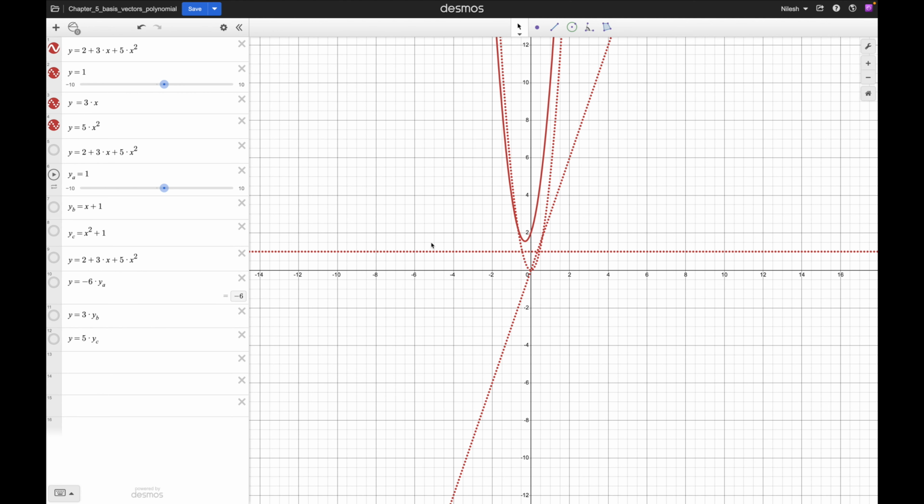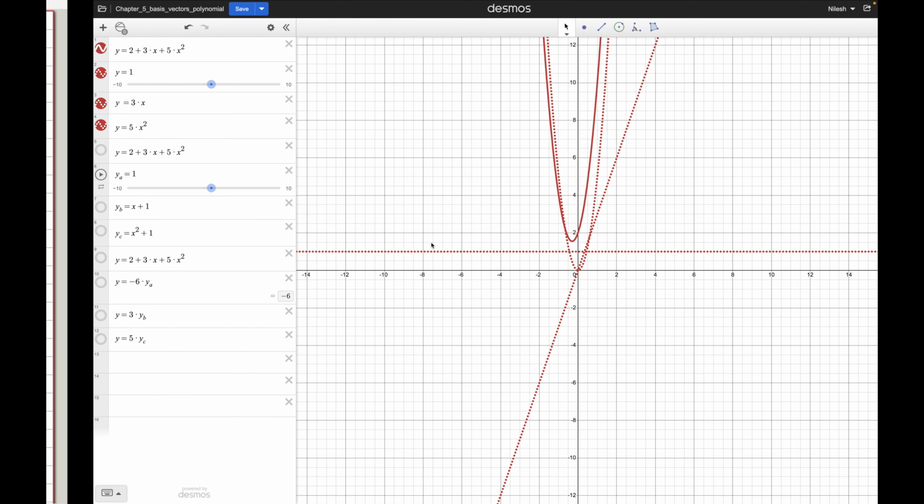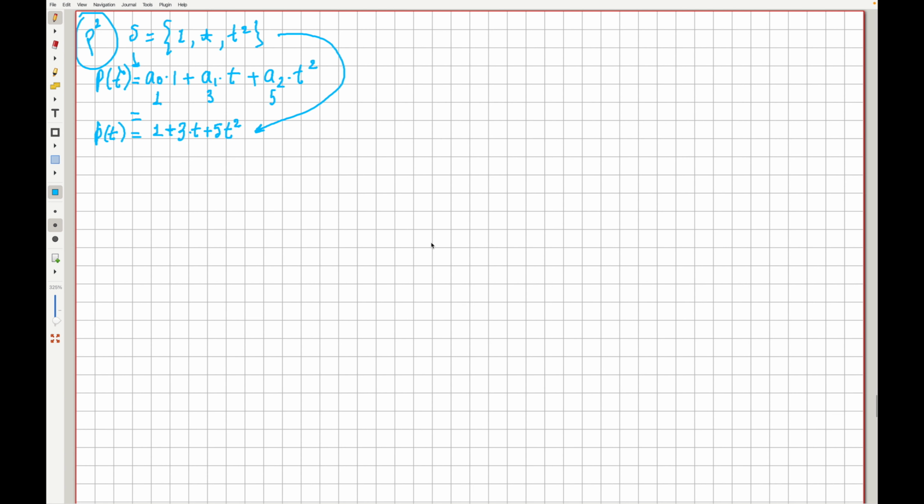Now, as I said earlier, the basis vectors can be anything. The only key is that they need to be linearly independent, and the number of basis vectors in that set has to be the minimum that can represent that space. So we are in 2D polynomial space, so we need these 3 items right here.